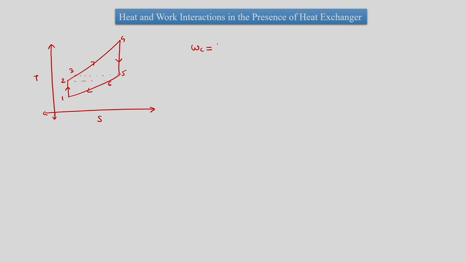There is no change, so compressor work is still H2 minus H1 or Cp into T2 minus T1, and turbine work is the same, which is H4 minus H5, and that is Cp into T4 minus T5. So we have W net, which is Wt minus Wc, the same with and without heat exchanger.